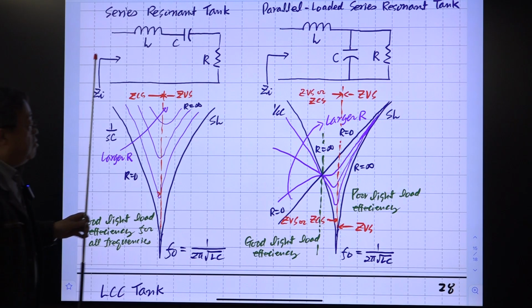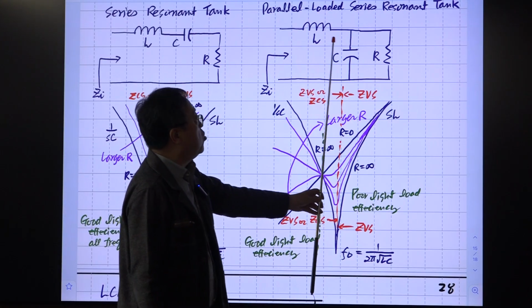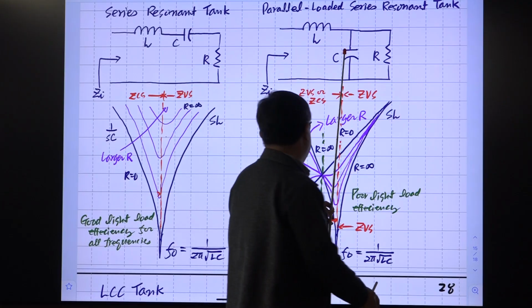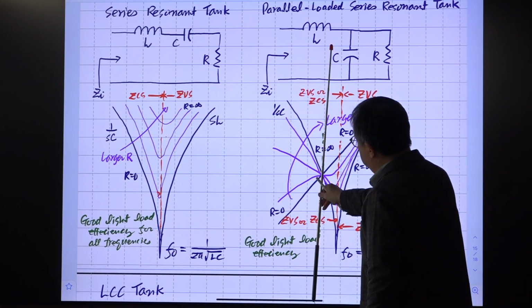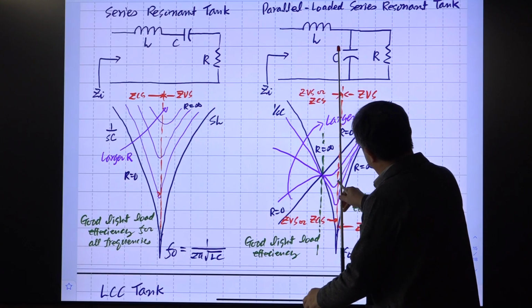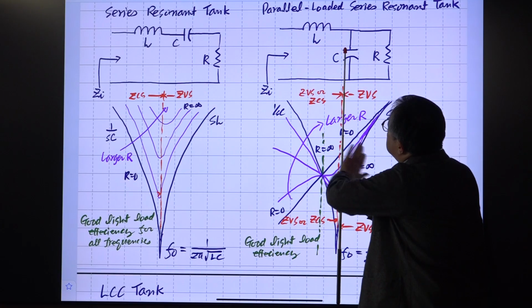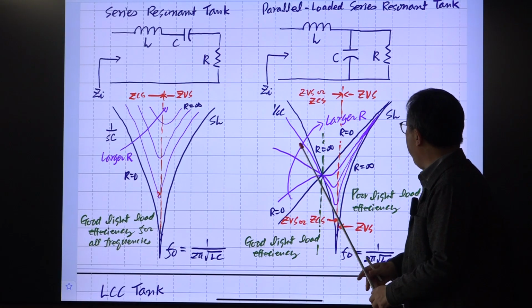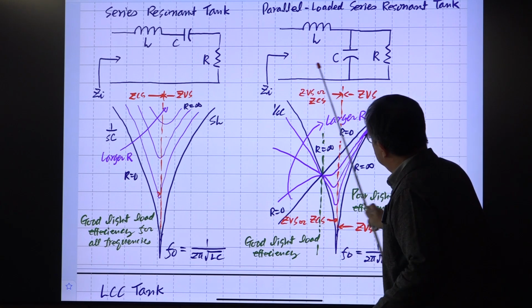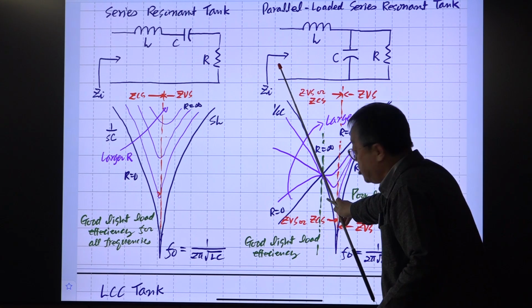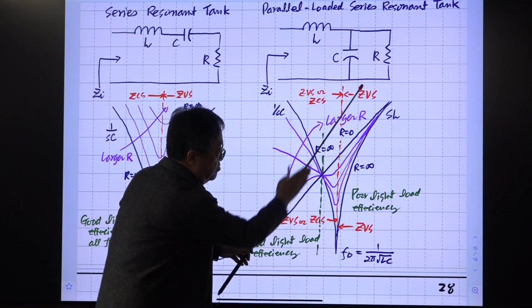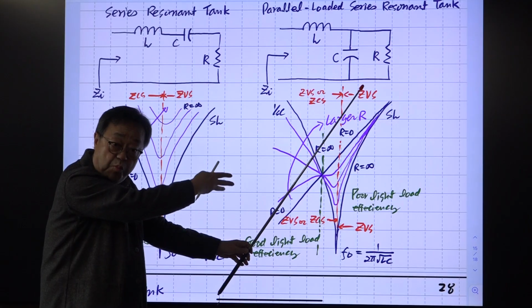So this is the borderline for the GBS. This side is GBS, and this is the borderline for the GCS. So on this side it can be GBS or GCS. If R is large, then this slope, this means what? GCS. If R is small, something like this means you have this 90-degree slope.